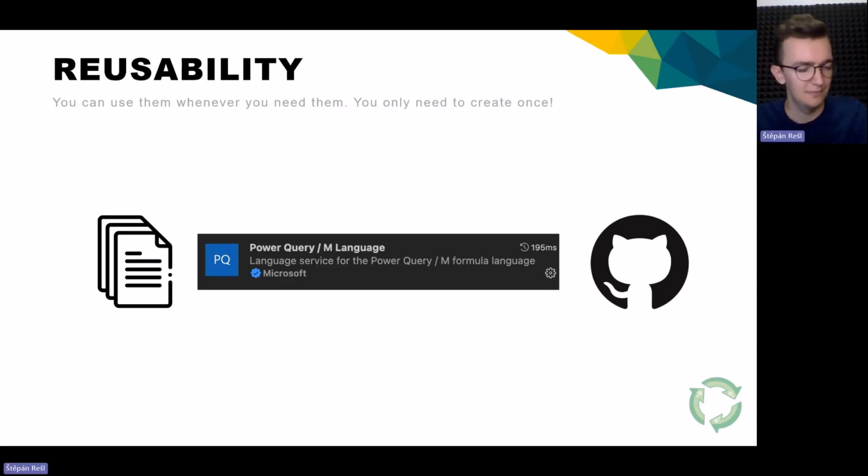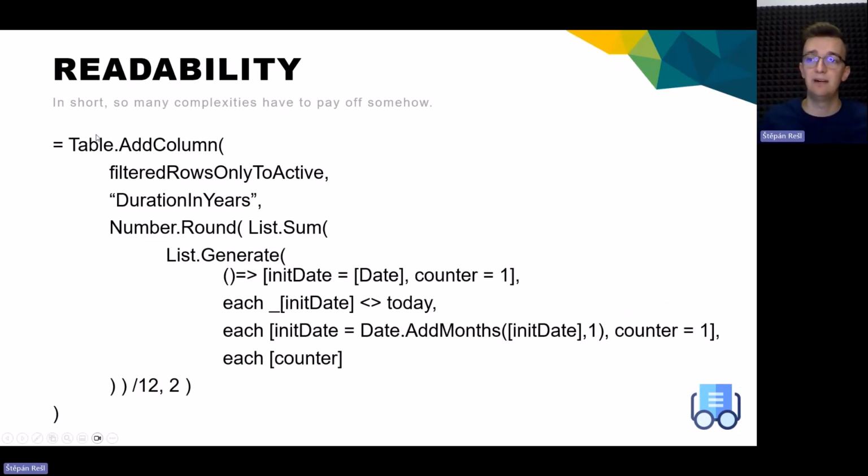I will get into that Visual Studio Code extension later, but because I have something here about readability, if you look at this code, you can see that we're adding a new column called duration in years.